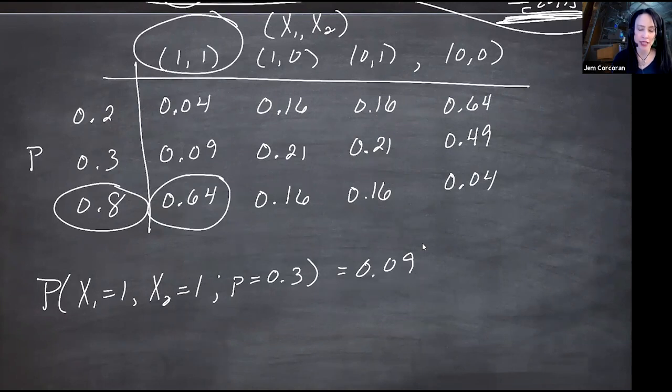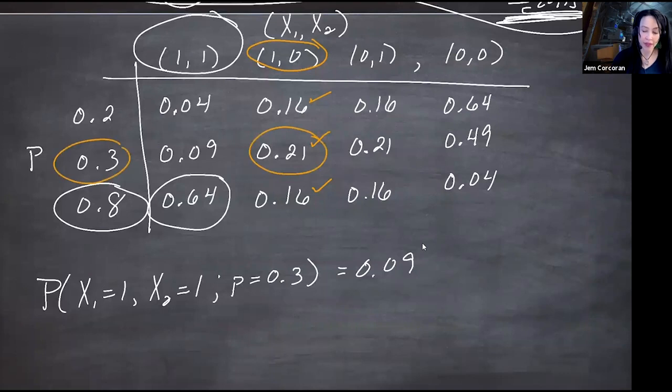Whereas if you see a 1 and 0, then this is the probability you would see that when p is 0.2. This is the probability you'd see that when p is 0.3. And this is the probability you'd see that when p is 0.8. So you get the largest probability of seeing that from p equals 0.3.